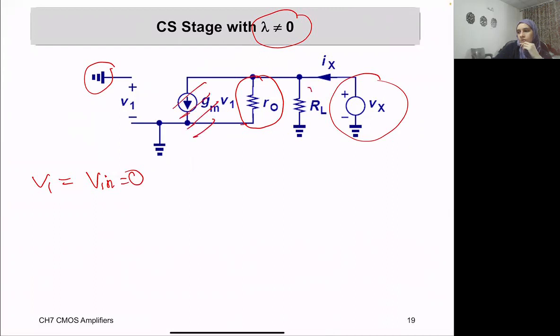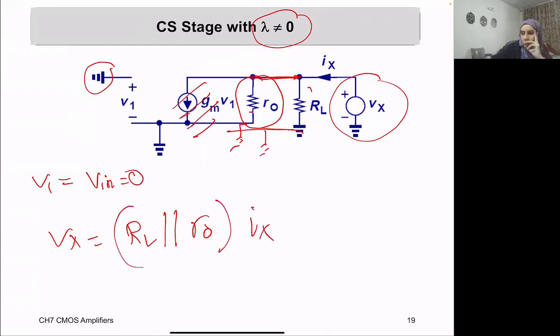So this side is grounded, and we have Vx equal to RL in parallel with rout, multiplied by Ix, because there are two resistors from this node to ground. One side is a common node, and the other side is grounded. So they are in parallel, and they are multiplied with Ix. So Rout equals Vx over Ix, and it equals RL in parallel with rout.